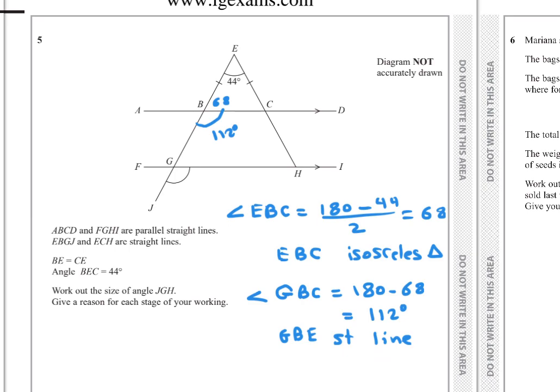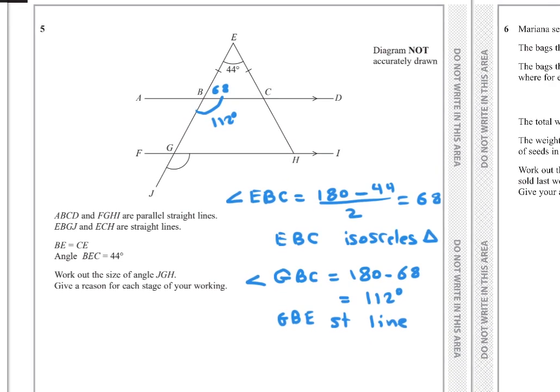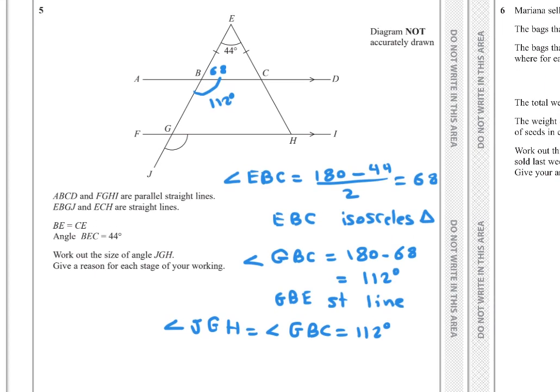Now we can find this angle. Angle JGH equals angle GBC equals 112, because of corresponding angles.